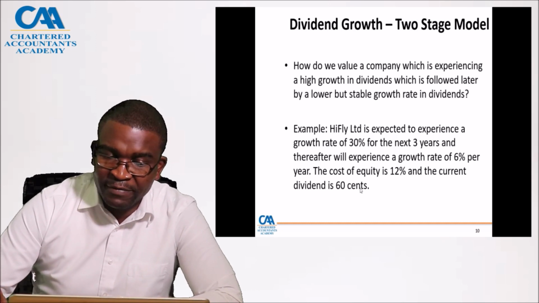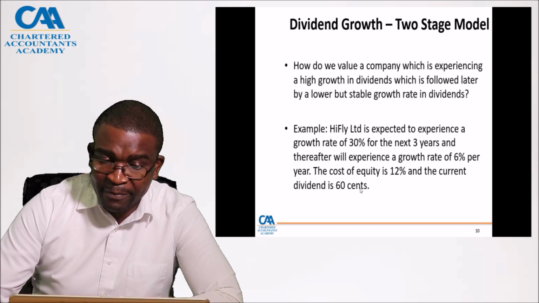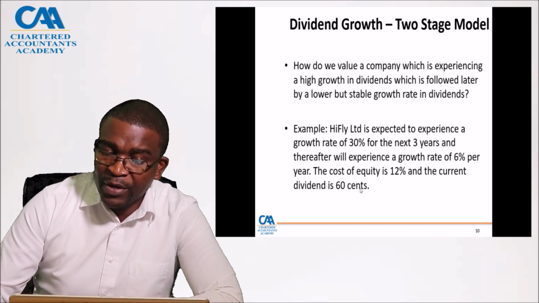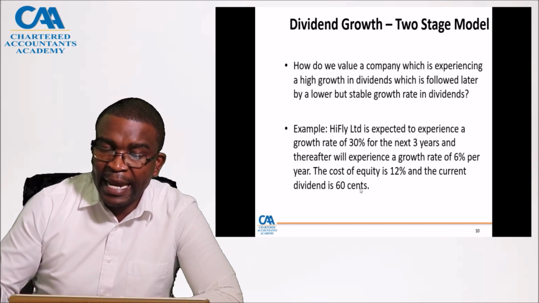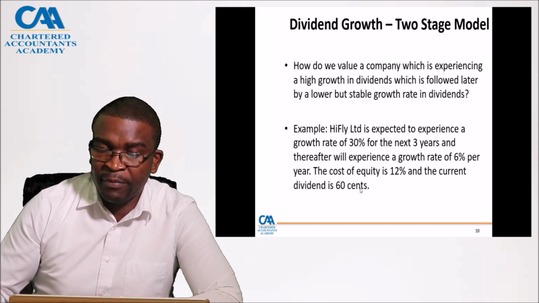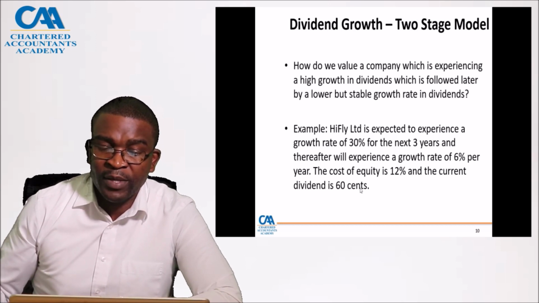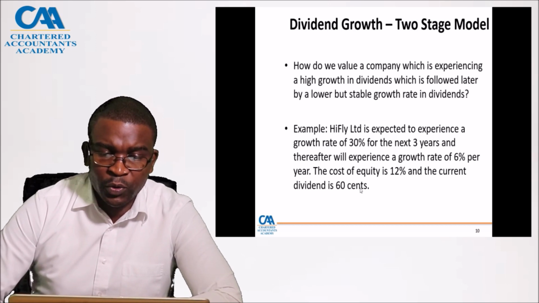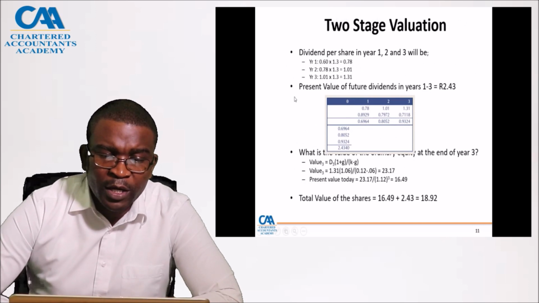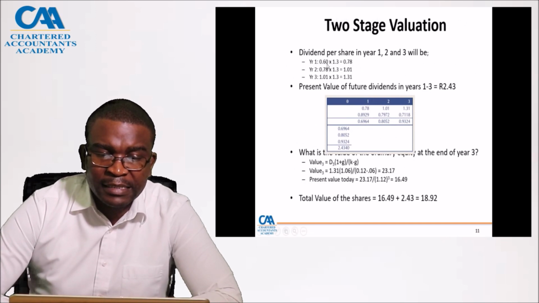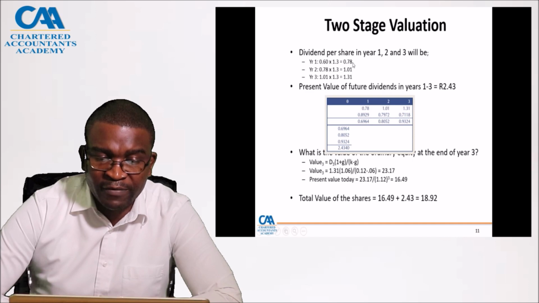So we can calculate the dividends for year 1, year 2, and year 3 based on 30%, and then present value these cash flows and add the value of the company based on the dividend growth model from year 3 going forward. Let me just show you here. So for year 1, our dividend is 60 times 30%, which is 0.78. Year 2, we get 1.1, and year 3, we get 1.31.